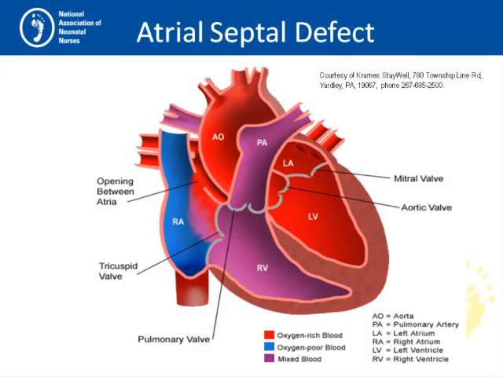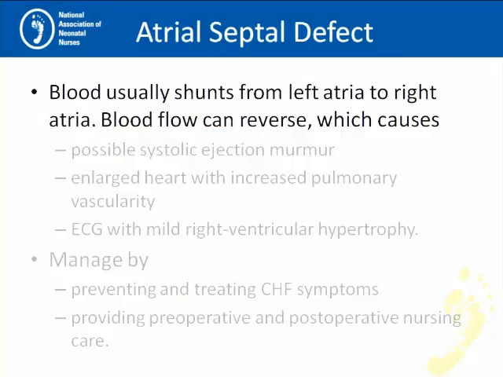Atrial septal defect, also known as ASD, is an opening in the atrial septum. The pathophysiology of atrial septal defect: blood usually shunts from the left atrium to the right atrium, as the right ventricle is more compliant than the left ventricle.